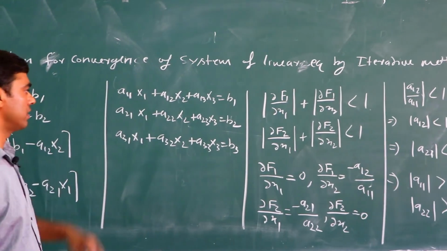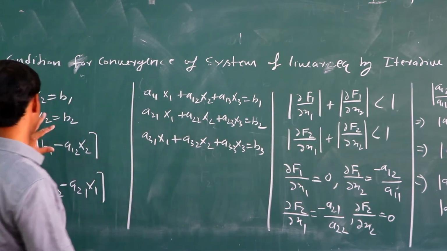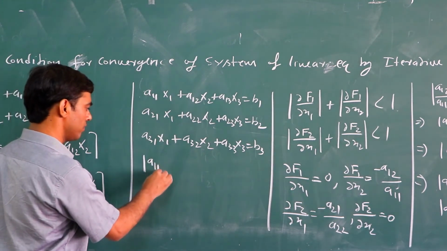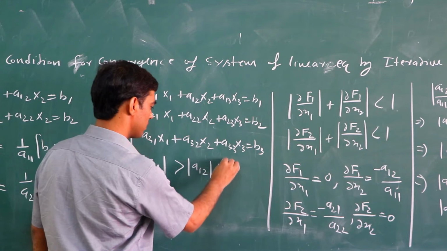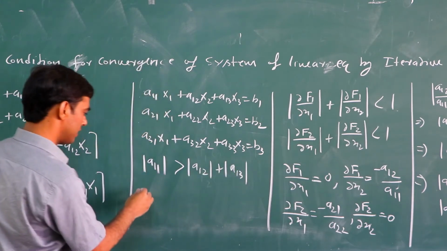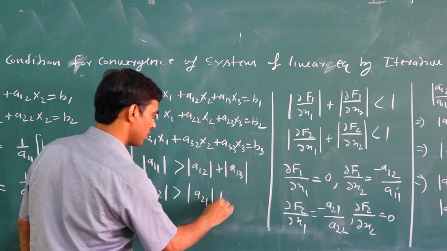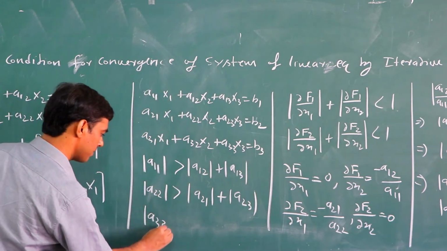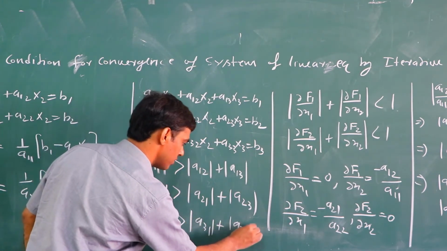In a similar procedure, this one is f1, this one is f2, this one is f3. Finding the partial derivatives and simplifying, the result is that the modulus of a11 is greater than the modulus of a12 plus the modulus of a13, the modulus of a22 is greater than the modulus of a21 plus a23, and the modulus of a33 is greater than the modulus of a31 plus the modulus of a32.